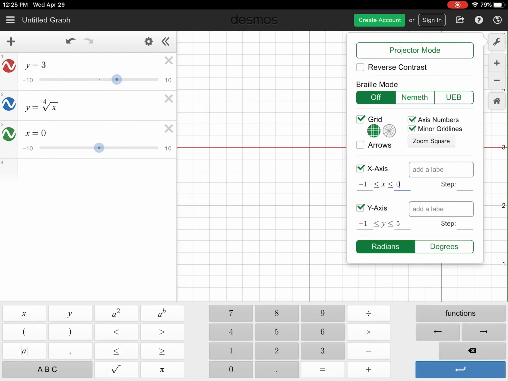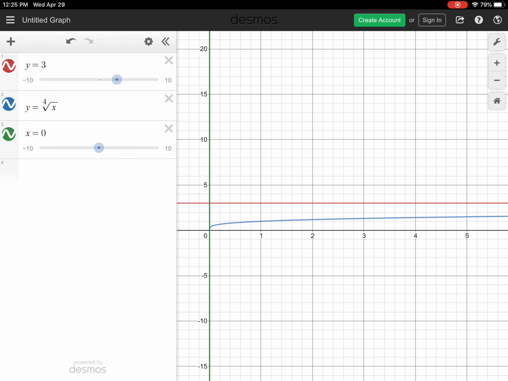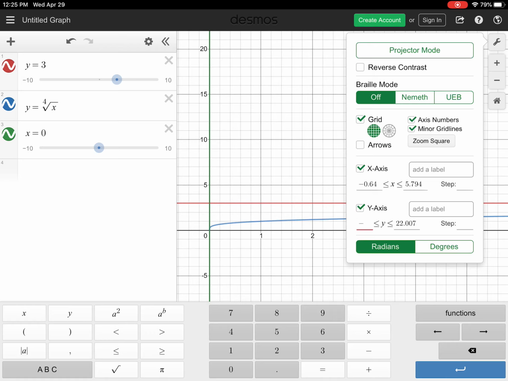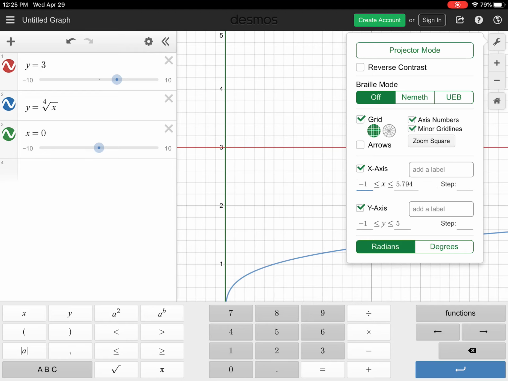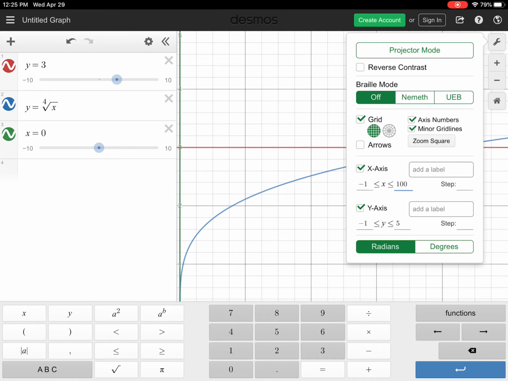I want to see from like -1 to maybe 50 for right now. Let's see. Oh, I think I messed up. Totally messed up. Our y-axis, -1 to 5. And then x-axis, I'm going to make it go from like -1 to 100 for right now.